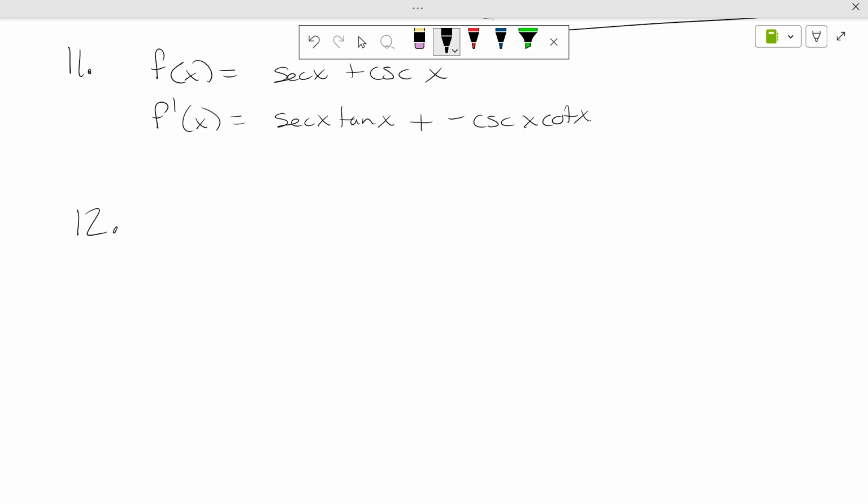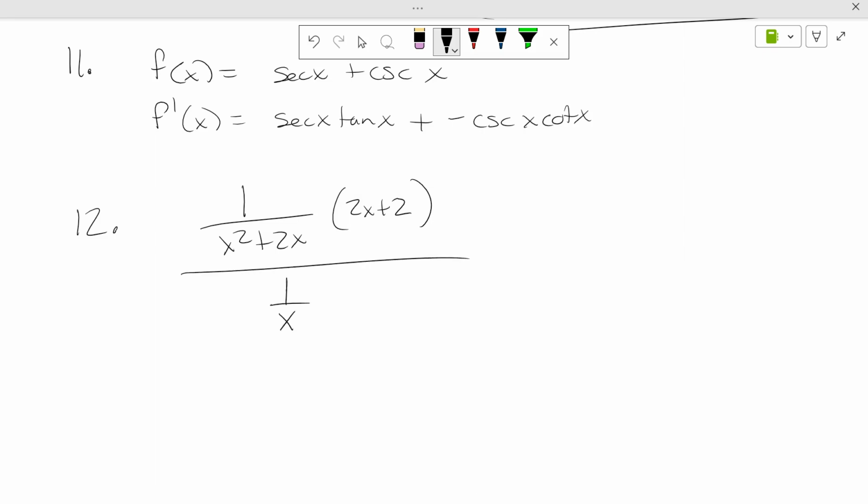Okay? So, the first derivative of that is, in the numerator, we get 1 over x squared plus 2x, times the first derivative of that, which is 2x plus 2, over 1 over x.